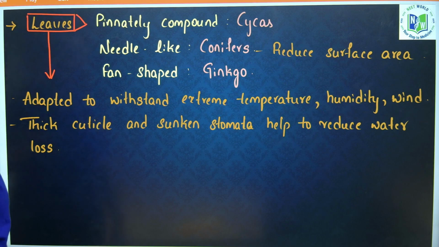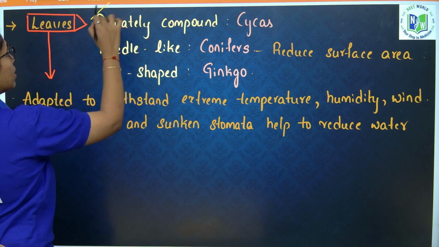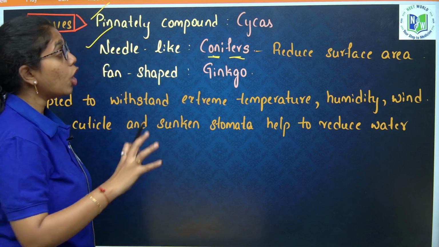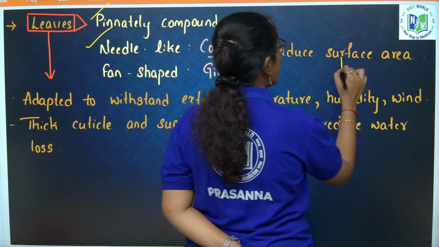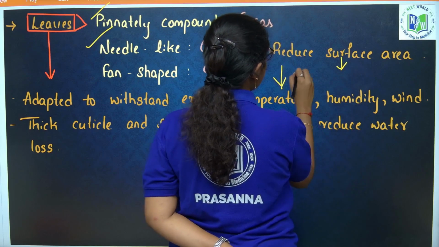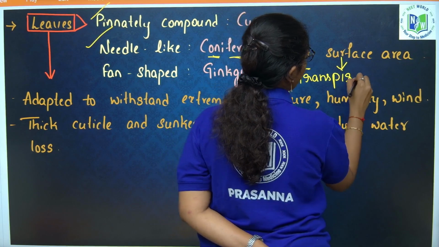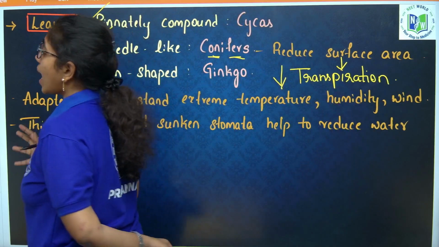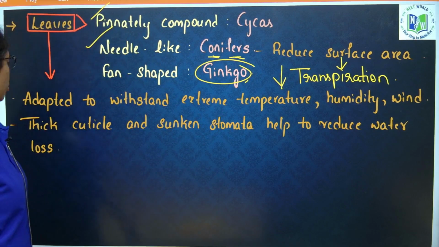Now, if you see, leaves are pinnately compound in cycas. Leaves are what? Pinnately compound in cycas, needle-like in conifers. Why are they needle-like in conifers? To reduce the surface area of the leaf, thereby to reduce transpiration. And the leaves are fan shaped in ginkgo, which is the living fossil in gymnosperms.